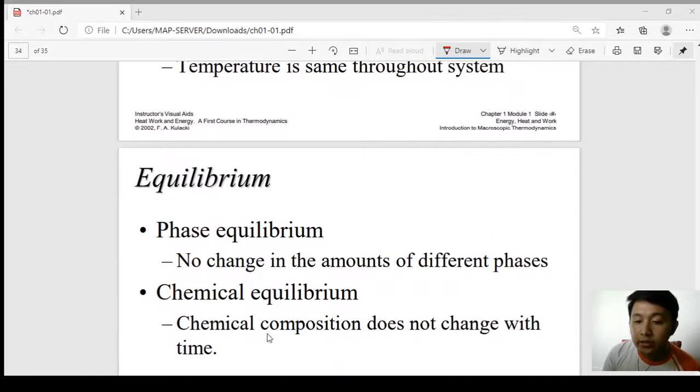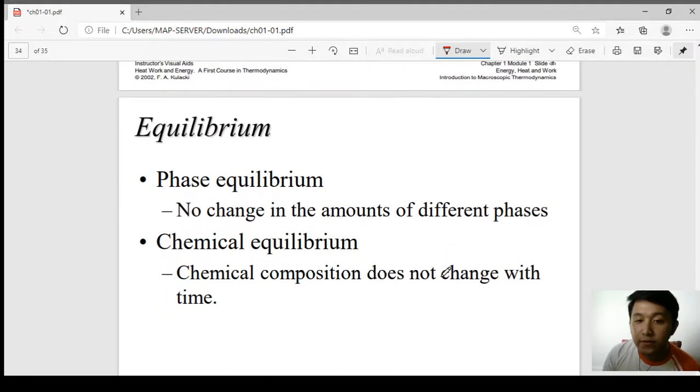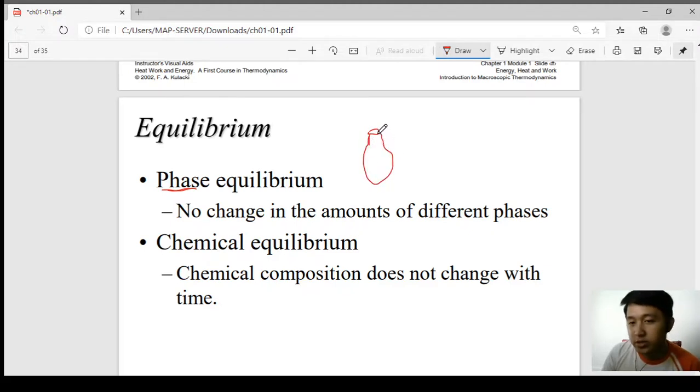Then we have phase equilibrium. When we say phase, that is what we call the liquid phase, solid phase, gas phase, so different phases. So there is no change in the amounts of the different phases. One example is, let's say we have 1 liter of water. If it is liquid, it is still 1 liter.